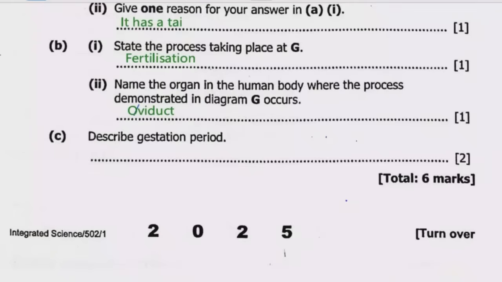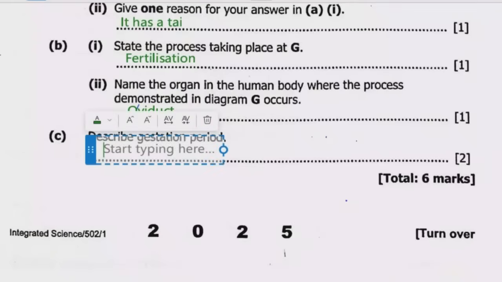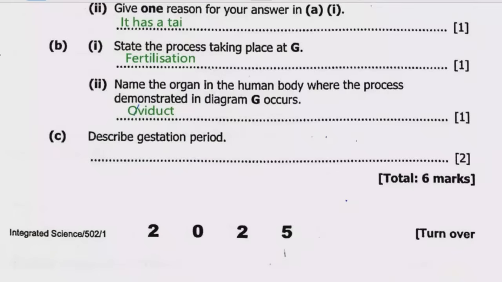Okay, we come to question C, which is describe gestation period.